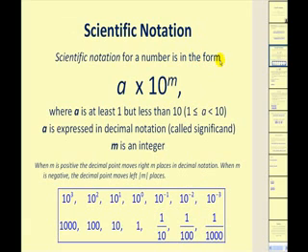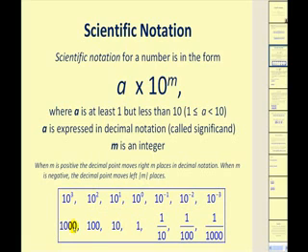Scientific notation for a number is in the form of a times 10 to the power of m, where a is a number in decimal form that is at least 1 but less than 10, and m, the power on 10, must be an integer. So if you take a look at this power of 10, if m is positive, you can see we'll be multiplying by numbers that are larger than 1.